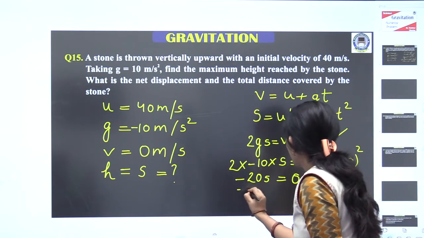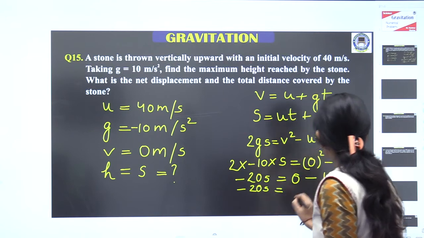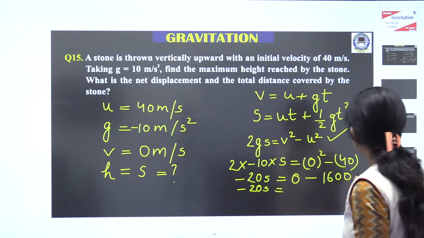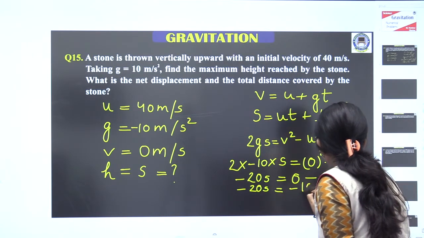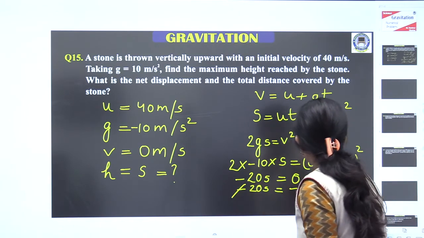Now minus 20S is equal to 0 minus 1600. Minus 1600, cancel minus with minus.